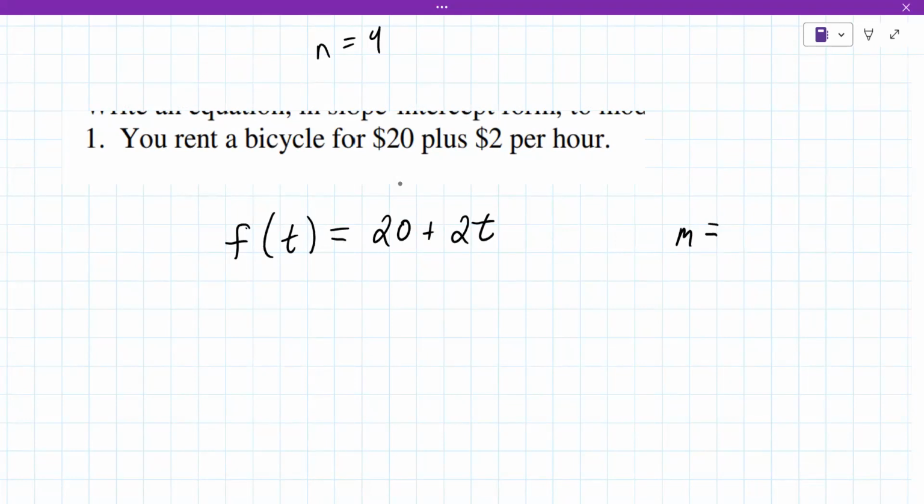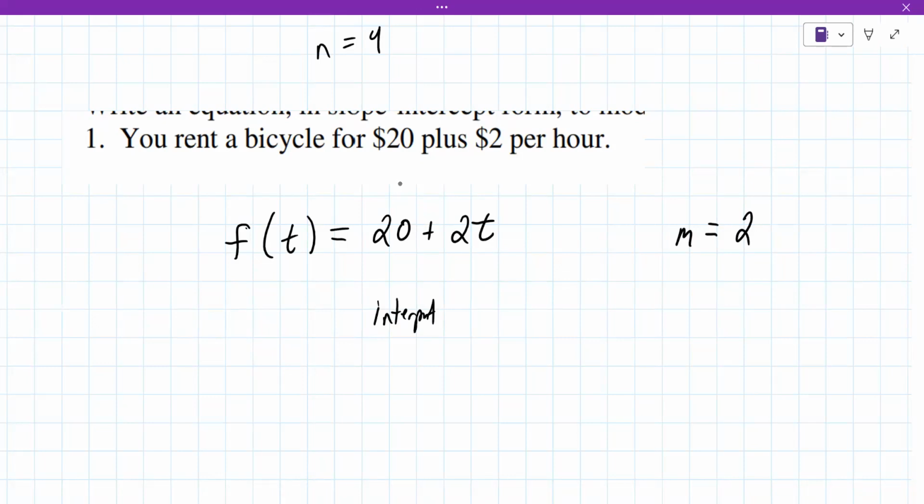Nope. What's the number in front of the variable? 2. Oh yeah, 2. It's the number in front of the variable every time. Okay. So what does that mean in this context? It's $2 per hour. Yes. So you spend $2 more every hour that you rent the bike.